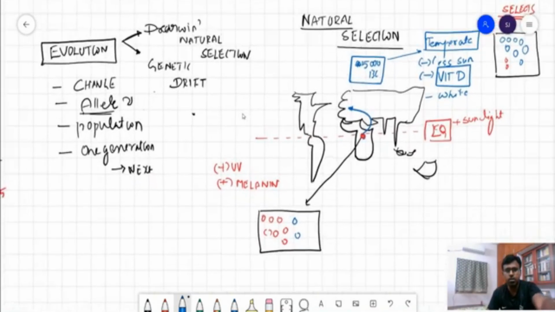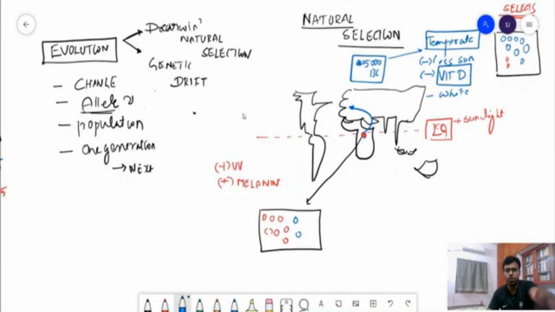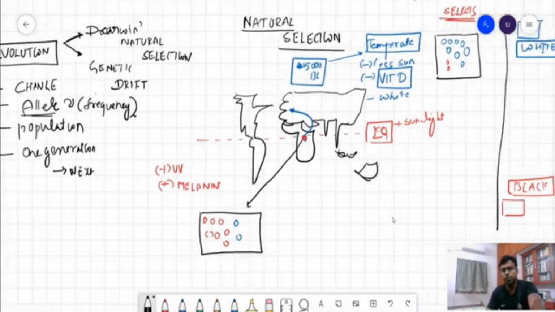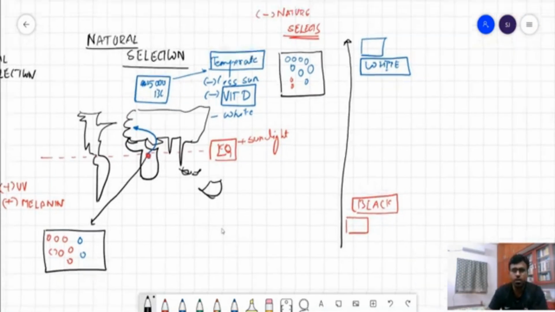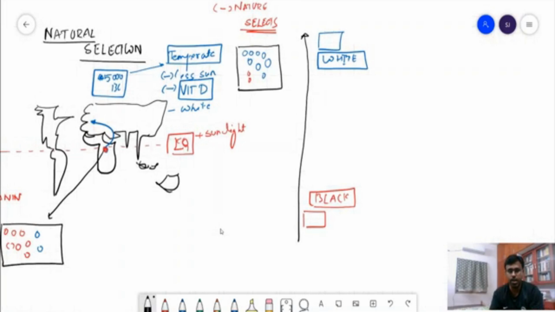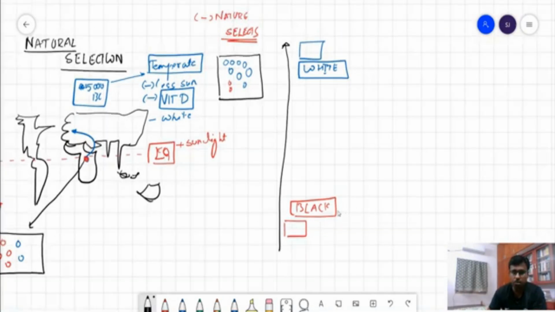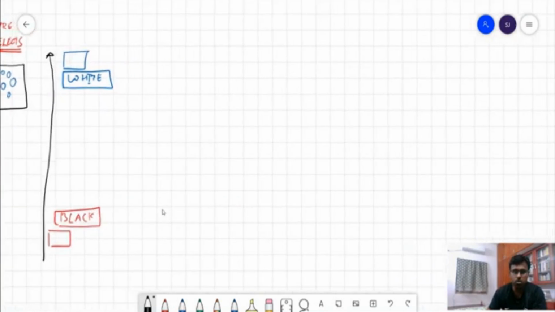That is, there is a change in allele frequency of a population over generations. A change in allele frequency from a gene which coded for black to white is called Darwin's natural selection of evolution. This is the basics you have to know in order to proceed to genetic drift.